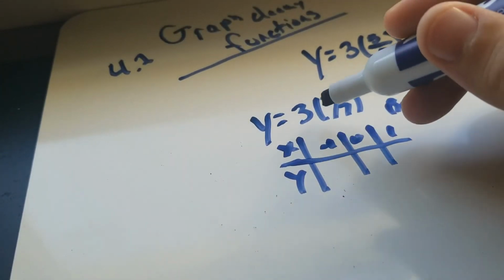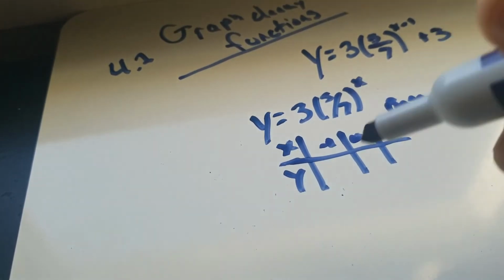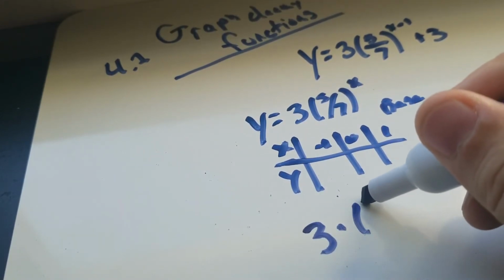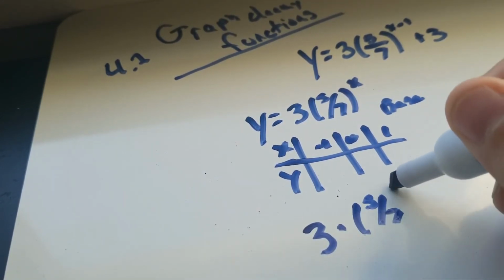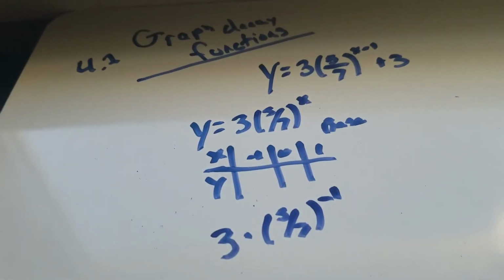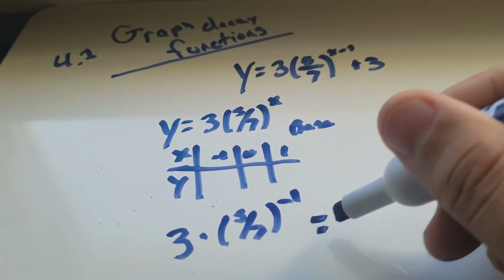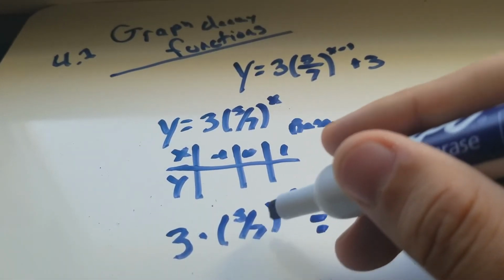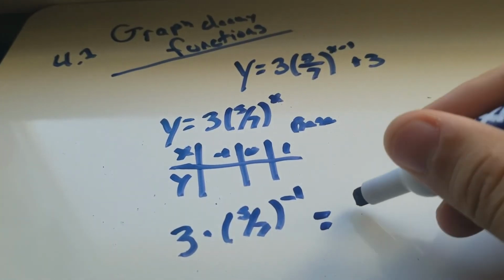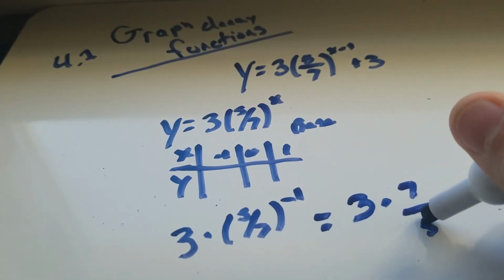So now we're going to plug in x's for this. Let's do the math slowly. First one is going to be 3 times 5 over 7 to the -1 power. When you have a negative power, you flip the fraction. So it's 3 times 7 over 5.